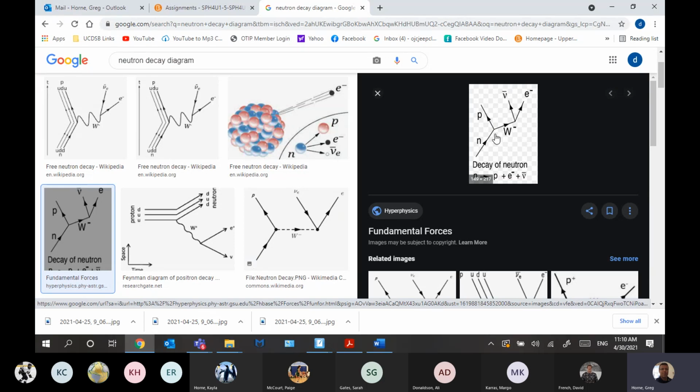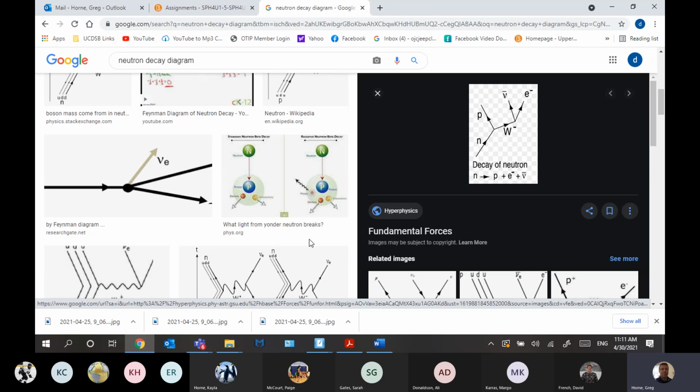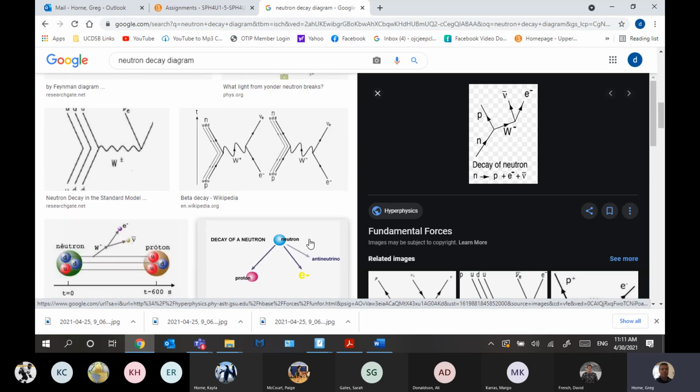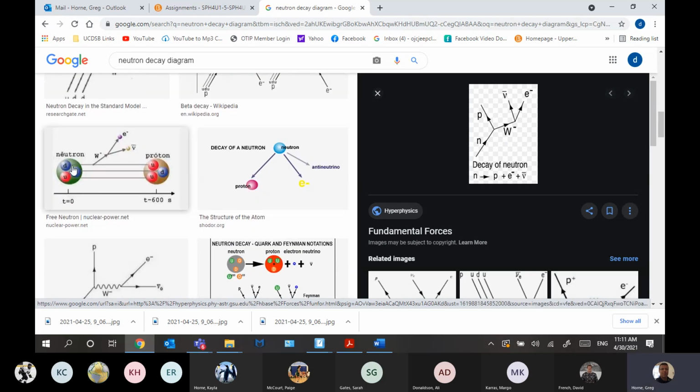And then there's a W boson that's interacting between these, and that's the weak nuclear force interaction between these particles. So we've got these exchange particles that are shown with dotted lines during interactions. This is what happens when radioactive decay happens.